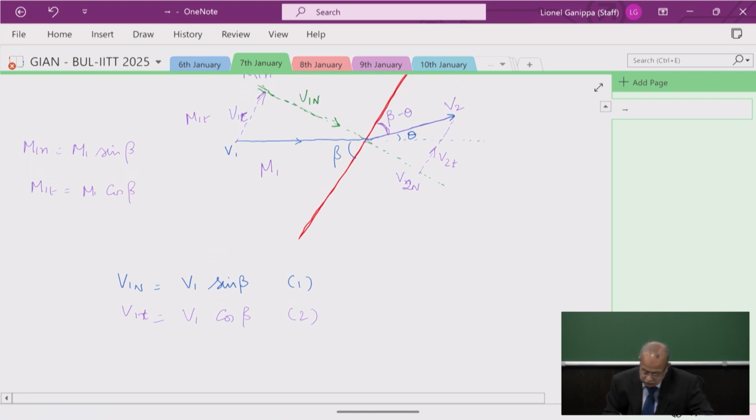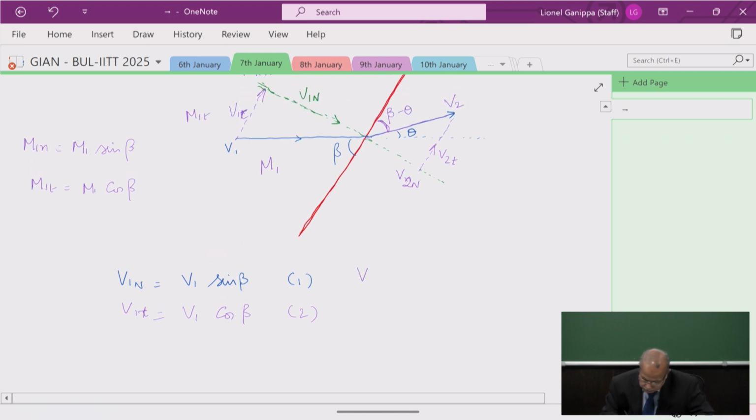So then we can write here V2n is equal to V2 sine (beta minus theta), V2t is equal to V2 cos (beta minus theta). So this is equation 3 and equation 4.